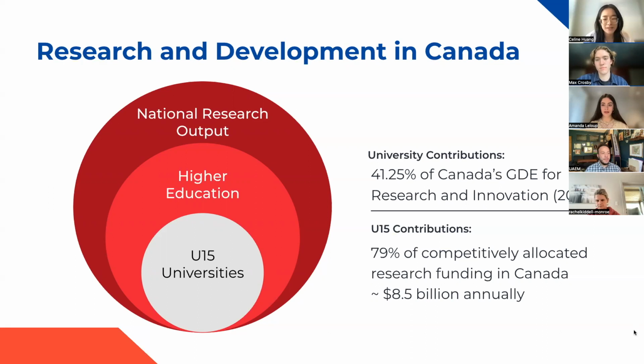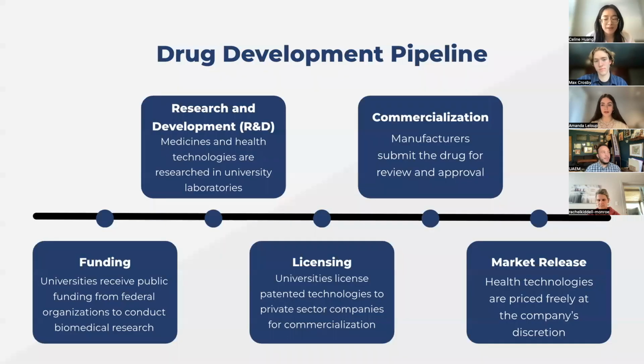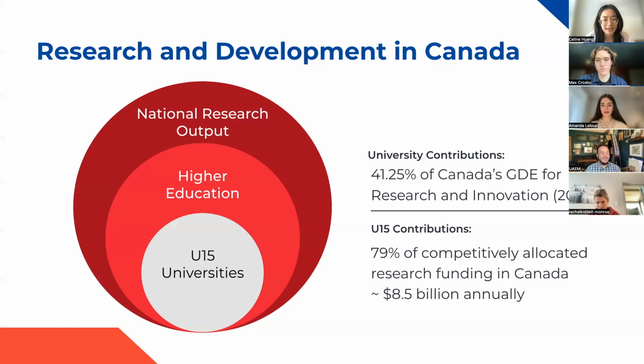And this is especially significant when we compare it to other OECD nations. The OECD average and the US proportion from around that same time is approximately 13%. So here we can see that universities are extremely important to focus on when we're talking about these systemic issues with Canadian research and development within the Canadian context.